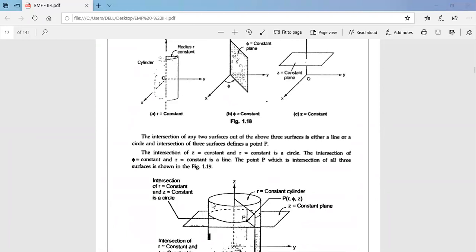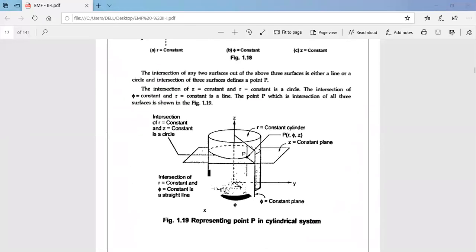We go from 0 around, that's 2 pi, so 0 to 2 pi, 0 to r, and from 0 to z, which is h, right?